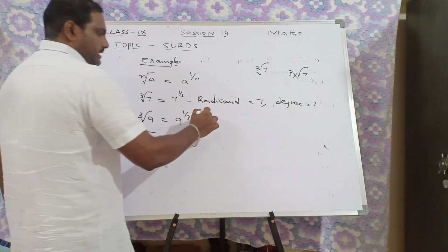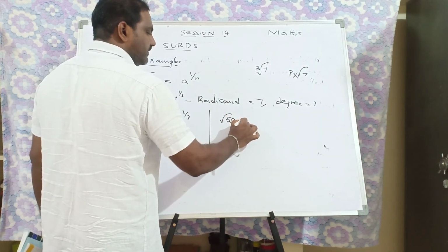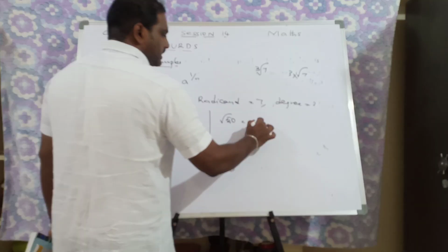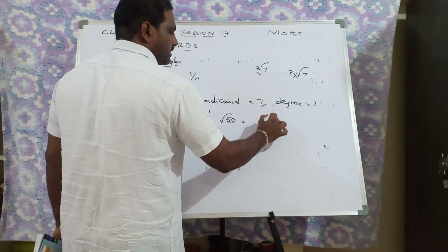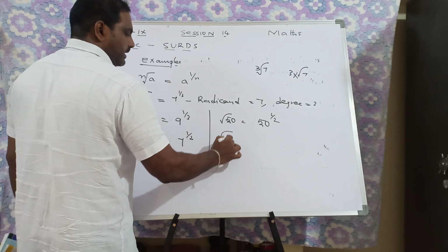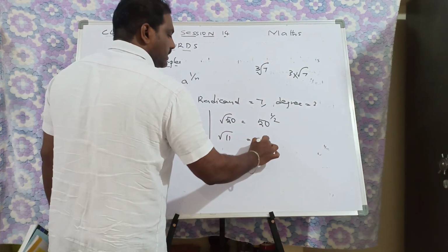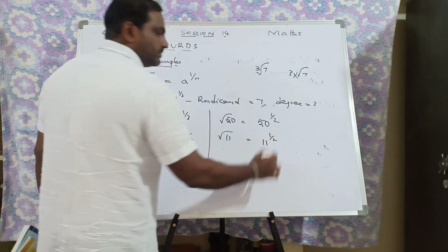Okay. Next, I'll give one more example. What is root 50? How do we have to write root 50? Yes, it is 50 power 1 by 2. What is root 11? Yes, it is nothing but 11 power 1 by 2.